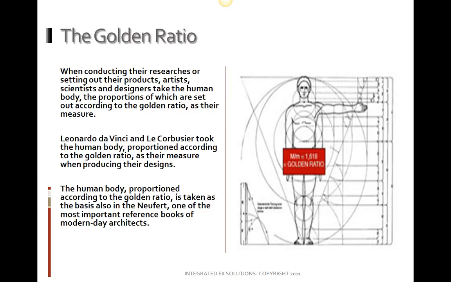Leonardo da Vinci and Le Corbusier took the human body, proportioned according to the golden ratio, as their measure when producing their designs. Interesting. The human body, proportioned according to the golden ratio, is taken as the basis also in the New Faith, one of the most important reference books of modern day architects.